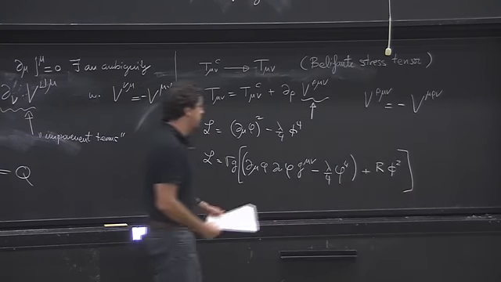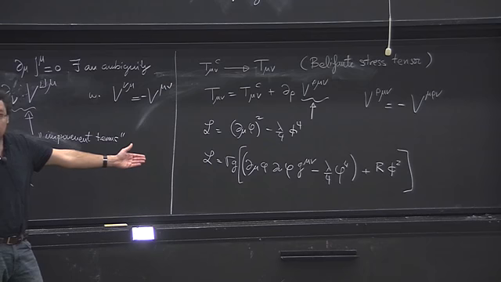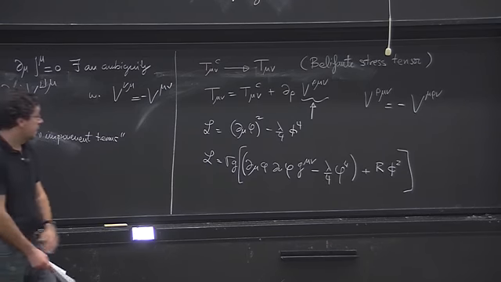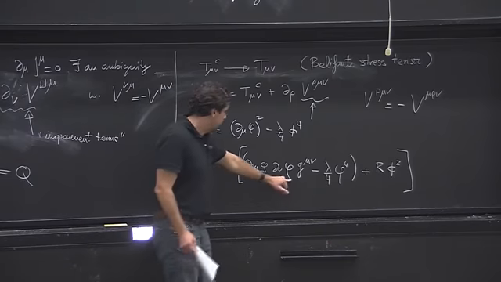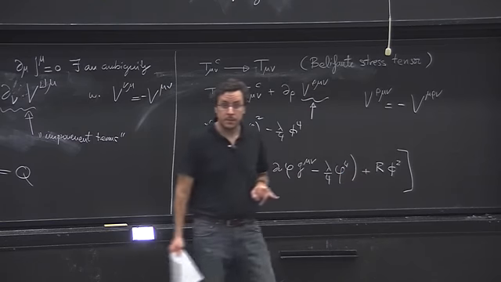This is as good as the original action because it has the property that if I go to flat space, you get the same action, because the Ricci scalar of flat space is 0. But the stress tensors that you derive from here and here are different, and they're related by improvement terms.